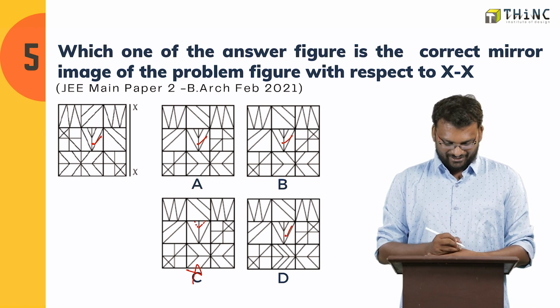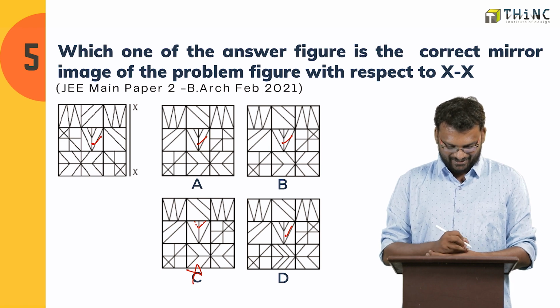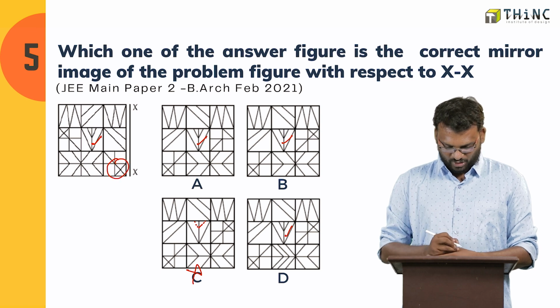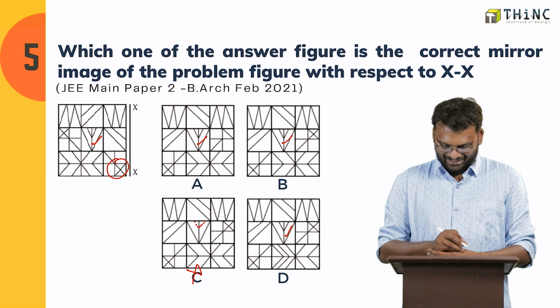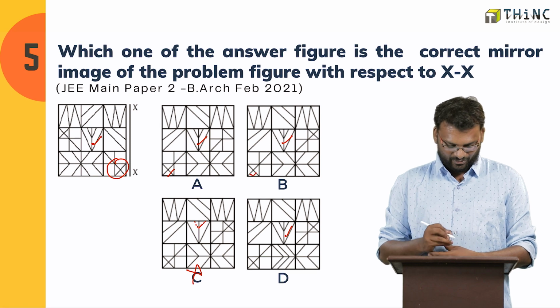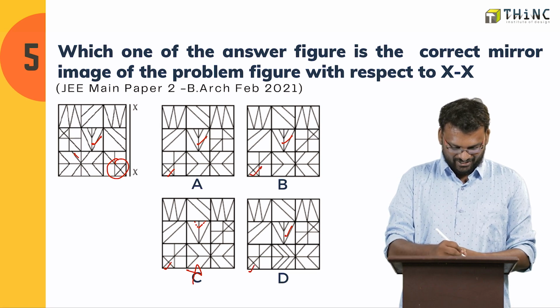Now the next criteria we are going to look into is the box. This box is on the right side, so it will come to the left side. When you observe all the options, that one is on the left side everywhere. So the next thing over here is these arrows.